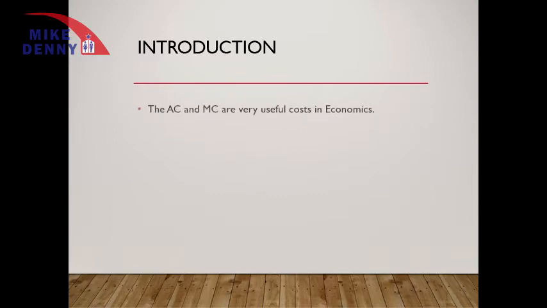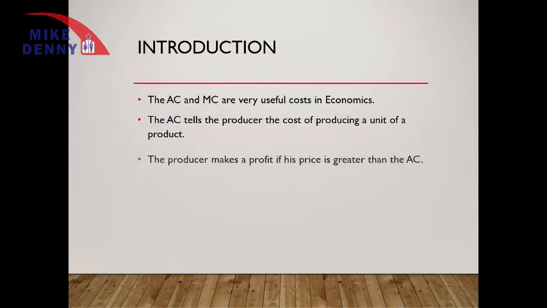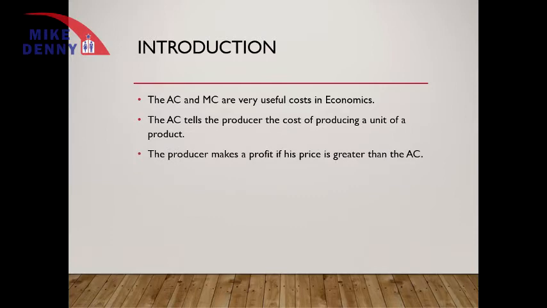Introduction. The average cost and marginal cost, as you will know later, are very useful costs in economics. The average cost tells the producer the cost of producing a unit of a product, and because of this, if the producer charges a price which is greater than the average cost, he makes a profit.